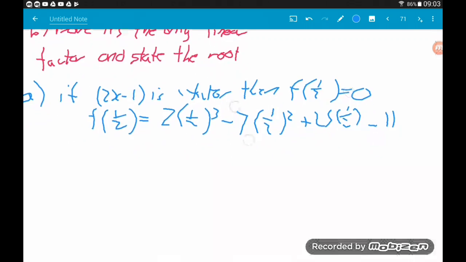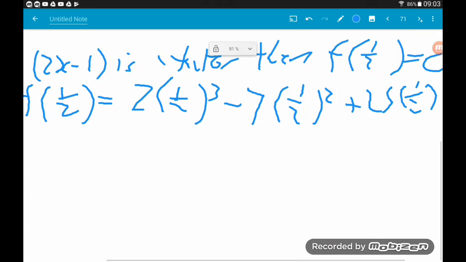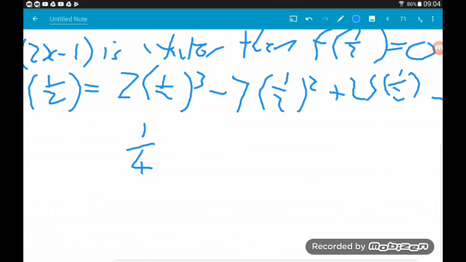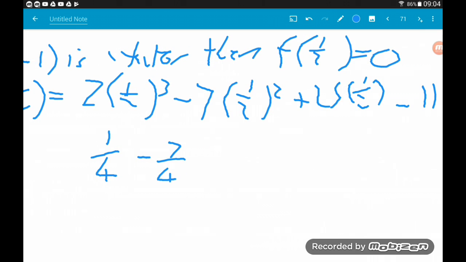Okay, so let's sort this out. So 1/2 cubed is 1/8. 2 times 1/8 is 1/4. 1/2 squared is 1/4, so minus 7 times that is minus 7 quarters. 25 times 1/2 is 25 halves. And then we've got minus 11 at the end.